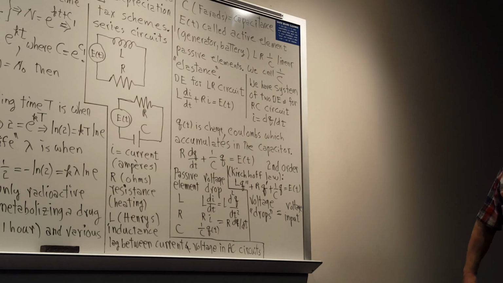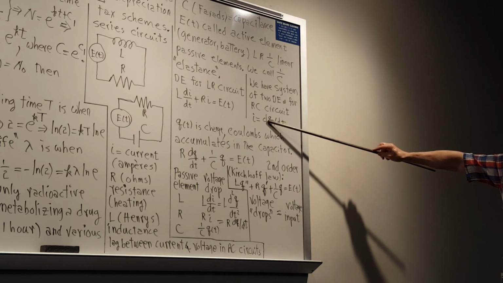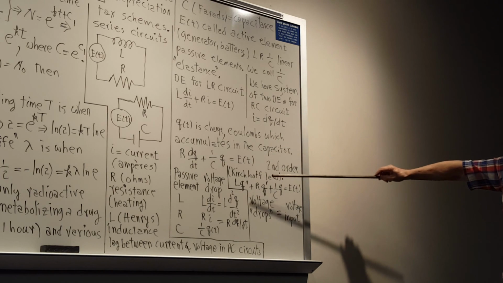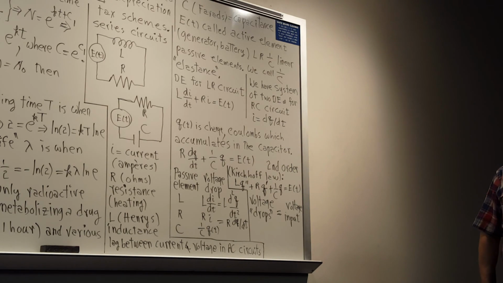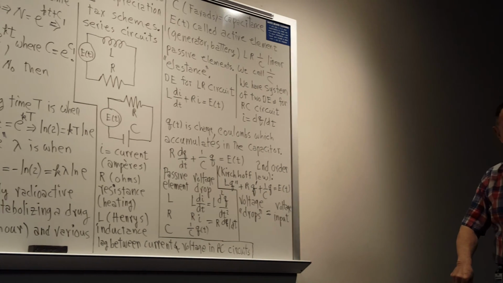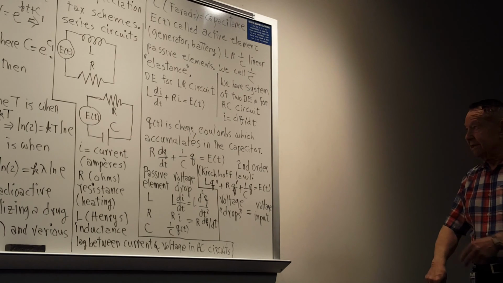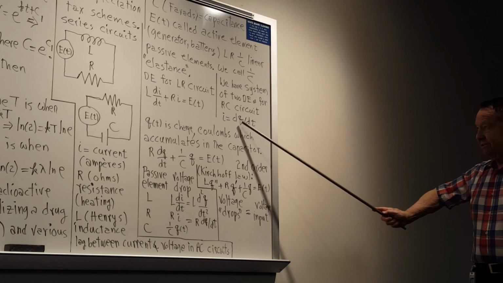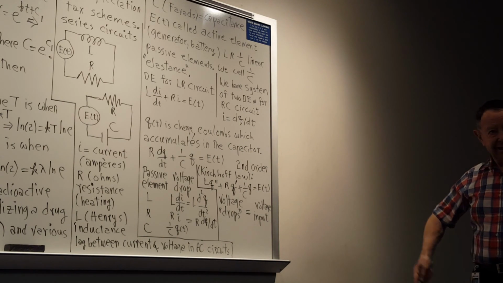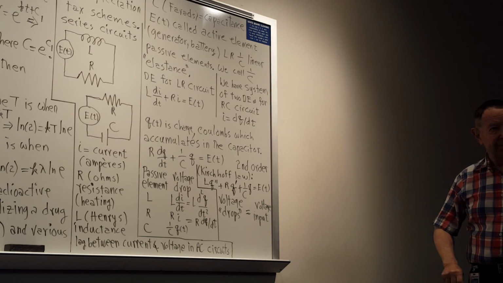So sometimes you get a system of first order differential equations where you solve one, and then after you get the one solved, you use that solution, as in this case, to differentiate it to get the other variable.